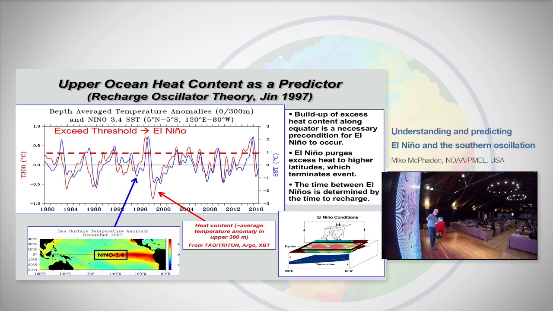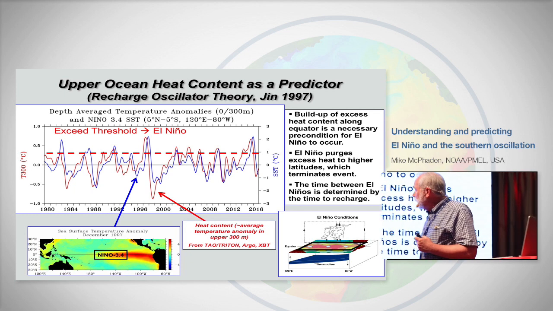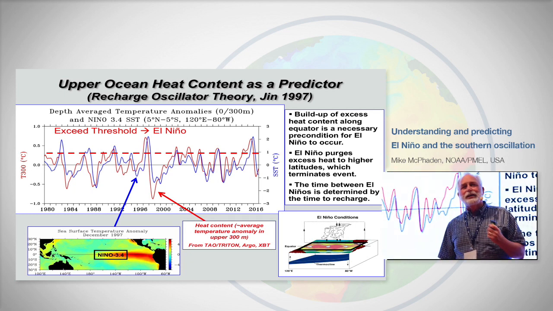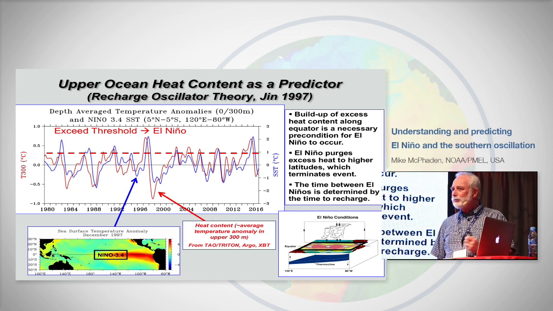And you can see by eye that the red curve, which is the upper ocean heat content, is leading the blue curve, which is sea surface temperature, by about 6 to 9 months. In most cases, not all cases. And so I like to say, if you want to know the future in the tropical Pacific, look below the surface, because that's where the action is.